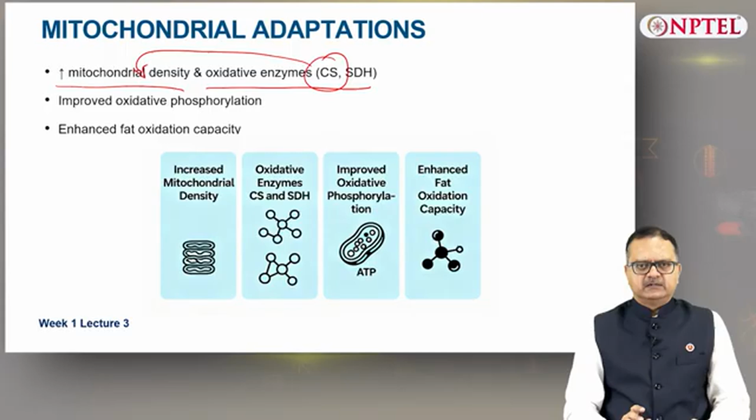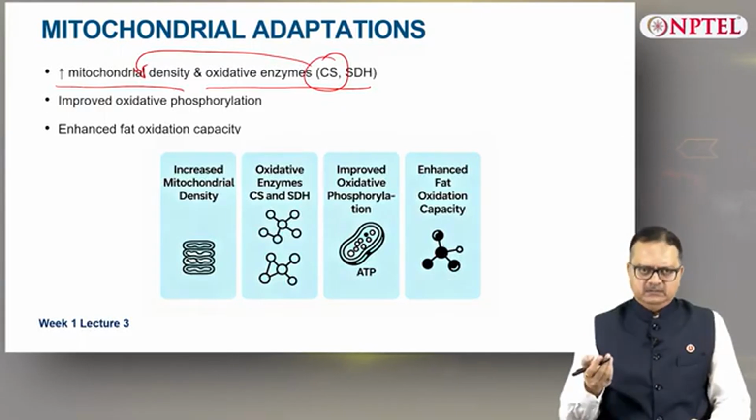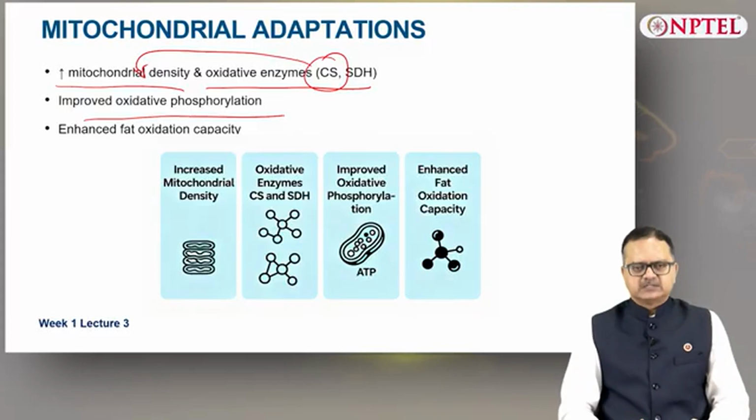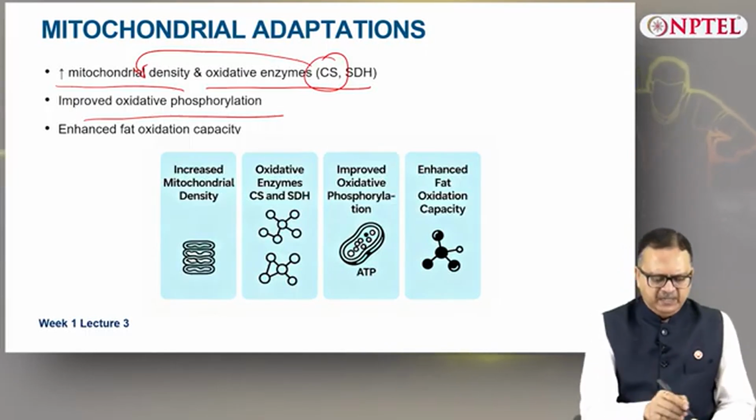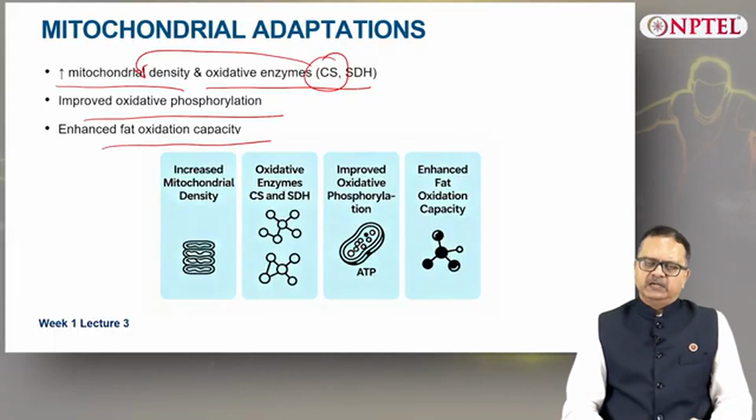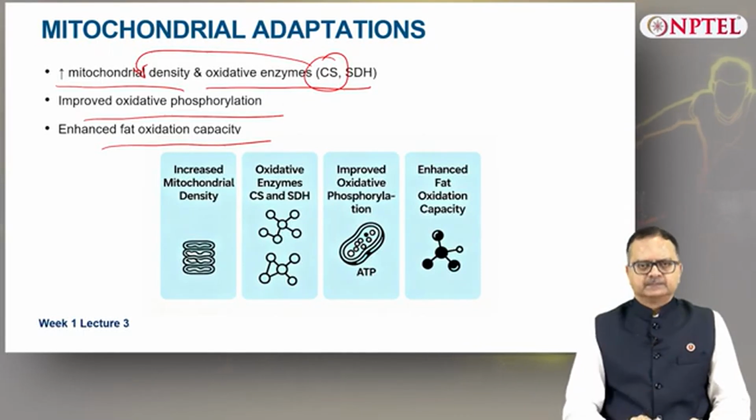If citrate synthetase concentration increases, it means that there is an increase in the mitochondrial density. This will improve something called oxidative phosphorylation, and there will be an enhanced fat oxidation capacity, meaning the individual will switch from carbohydrate burning to fat burning.